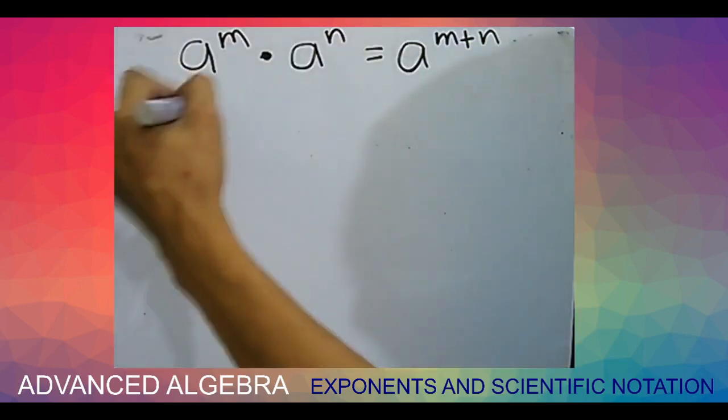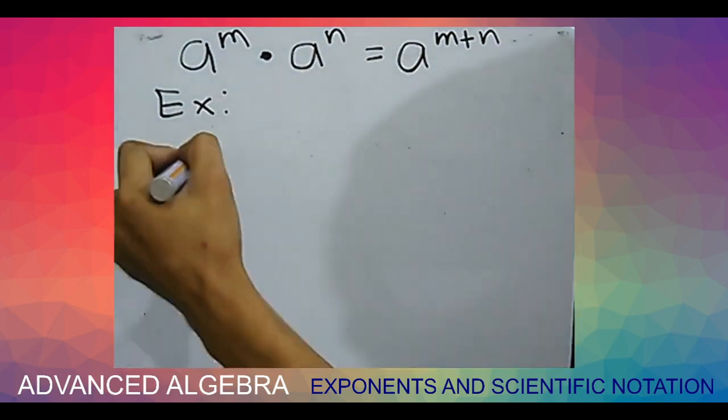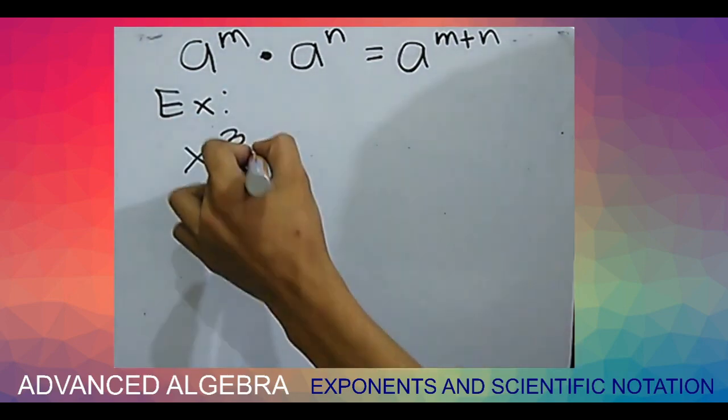Okay. Magbigay tayo ng example. For example, meron tayong given na variable, x, tapos ang kanyang exponent ay 3. Then, ang operation niya ay multiplication. Tapos, x to the 4th power.